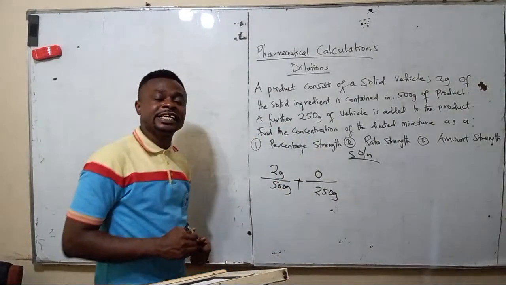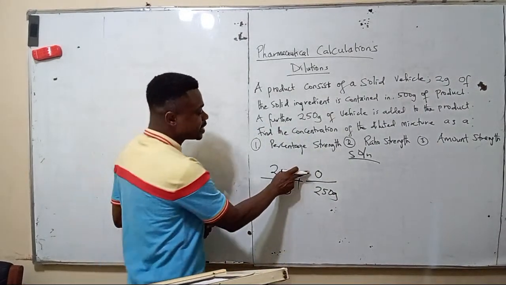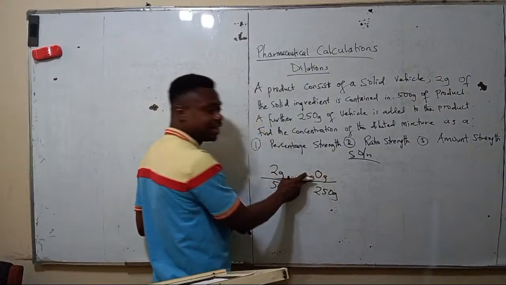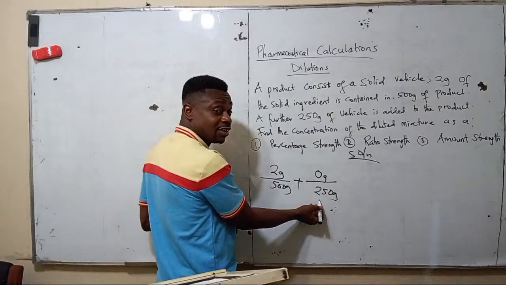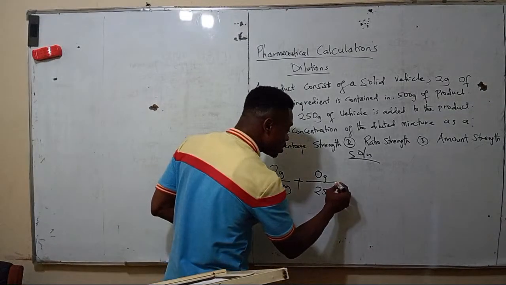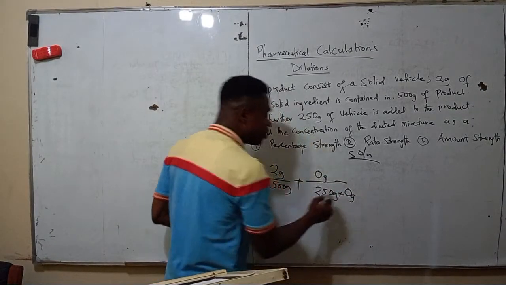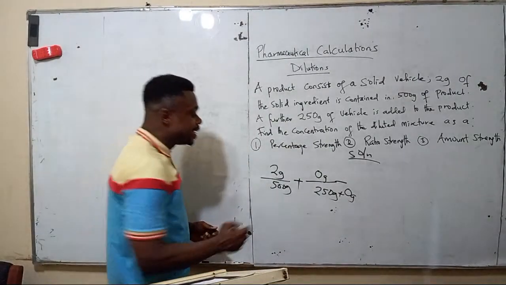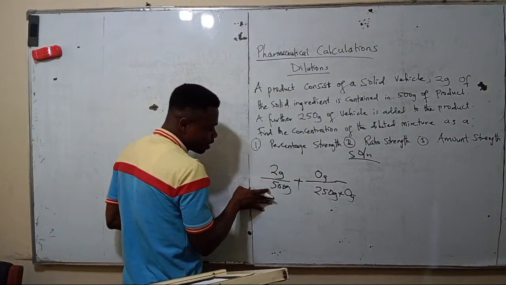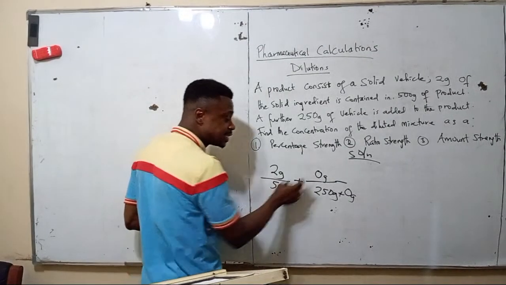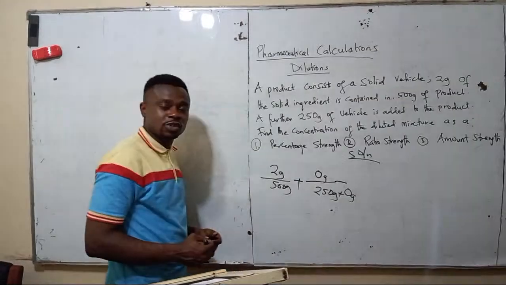No active ingredient was added, so it is 0 grams over 250 grams, just the vehicle alone. This is 2 grams in 500 grams that was there before. Then 0 grams in 250 grams was also added.